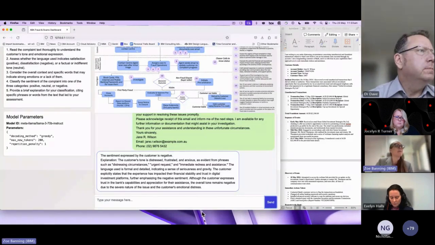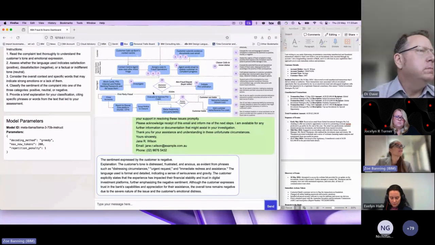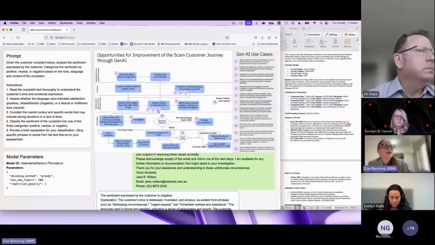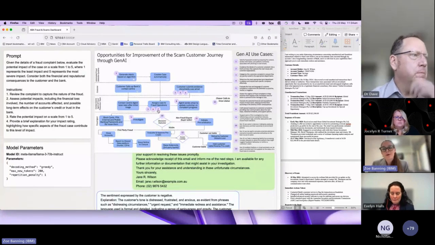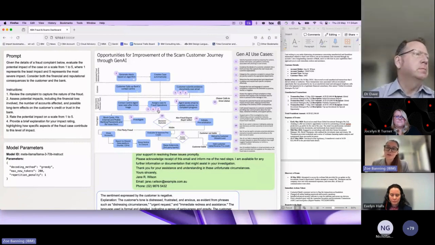Finally, I think I've got some time to go through a few more actually. So number 7 here is about assessing the urgency and impact. So what I'm going to do is ask the large language model to predict potential financial and reputational impacts on a scale of 1 to 5.